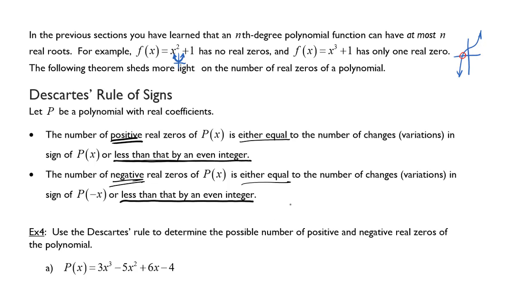The reason is if it's not a real zero, it's either a complex conjugate pair or an irrational conjugate pair.